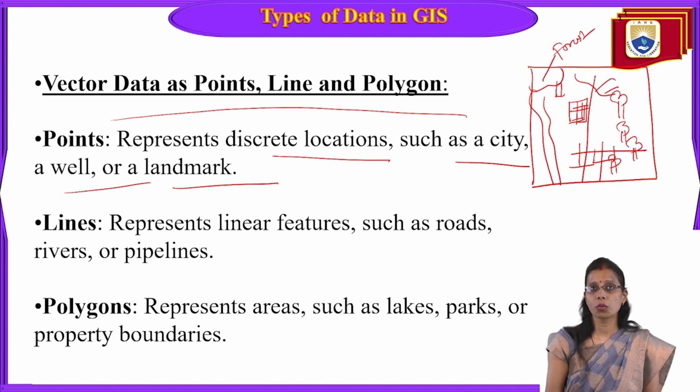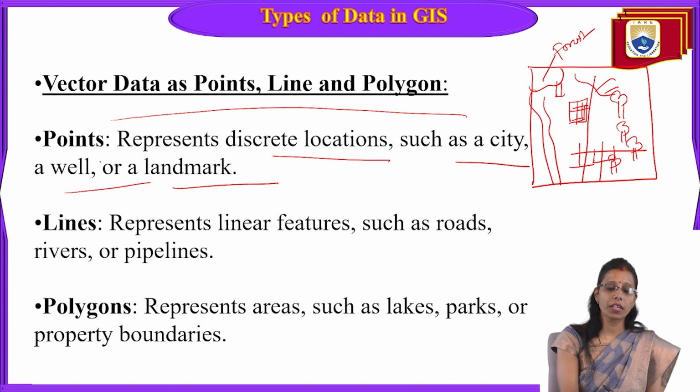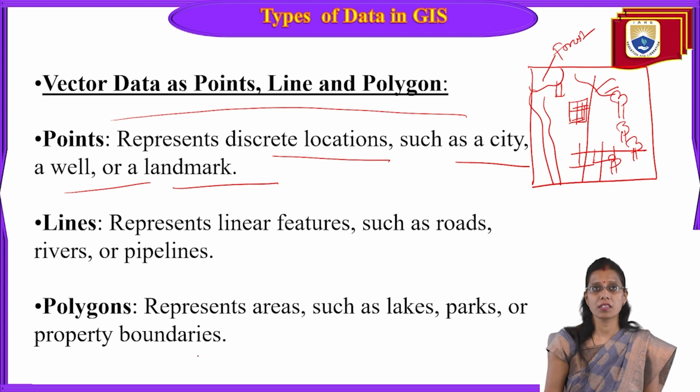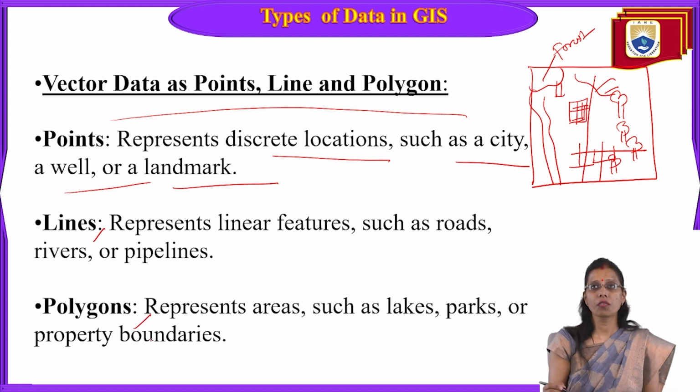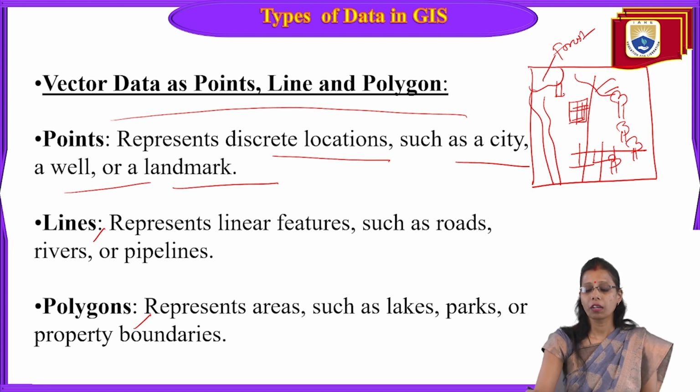Now what we have to do is categorize which type of features can be represented as points, which as lines, and which as polygons. We have to categorize this first. For example, I showed you we have a pole.